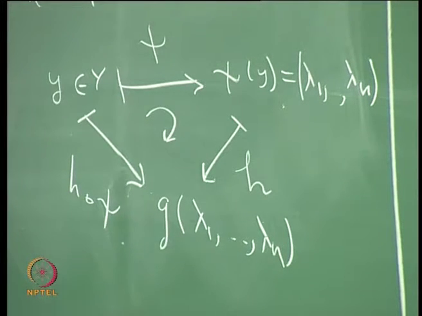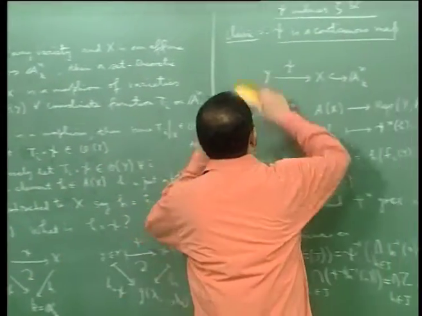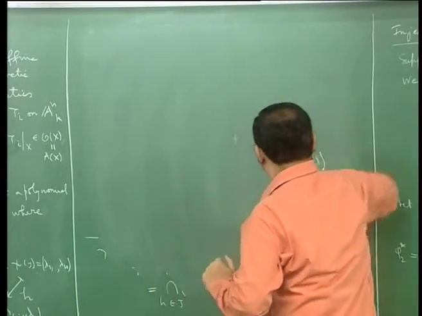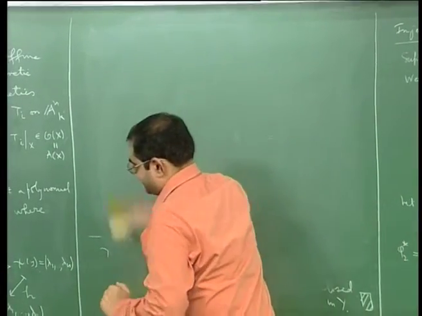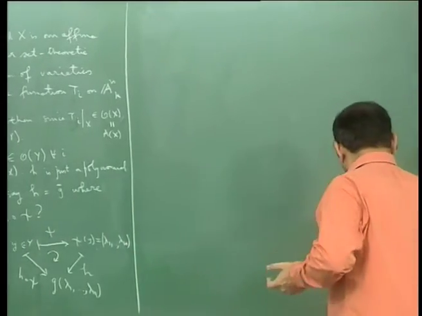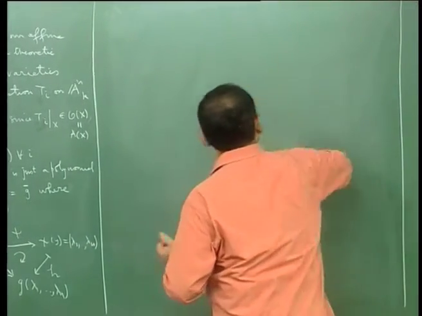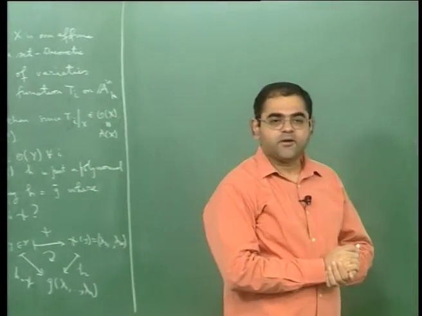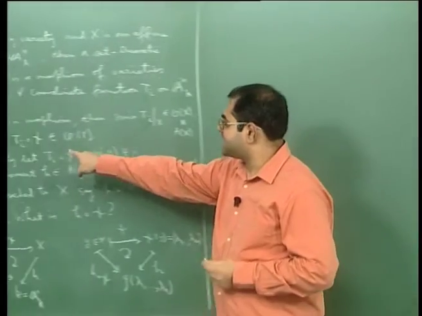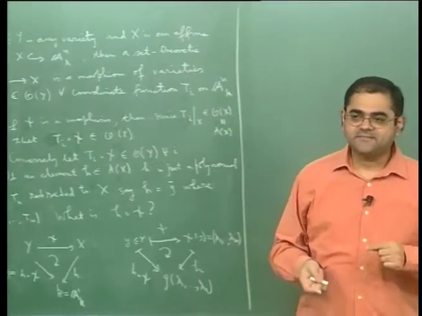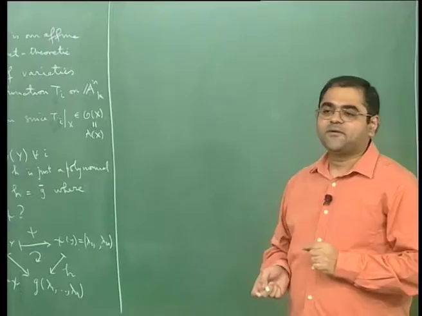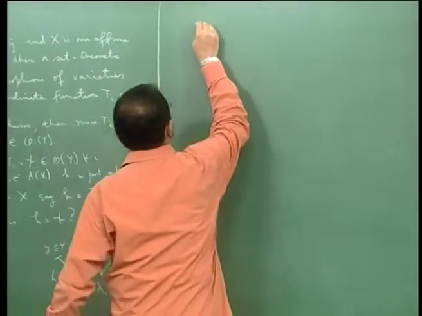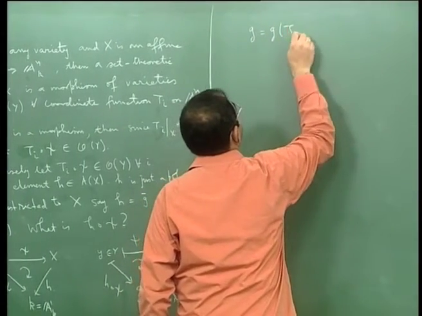And if you look at it now, it will be clear that H circle psi is certainly a regular function on capital Y, because it is actually a polynomial in the Ti circle psi in exactly the way in which G is a polynomial in the T's. See, G is G of T1 etc.